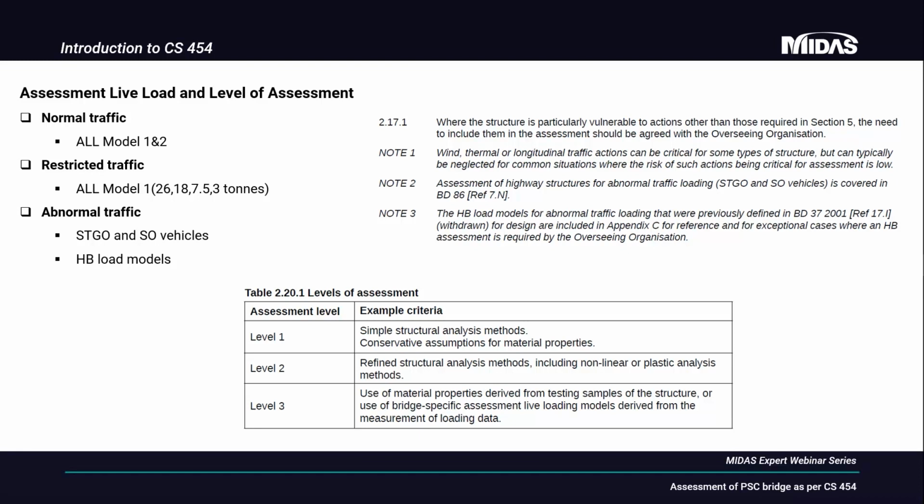However, for restricted traffic, all Model 1 with axle weights of 26, 18, 7.5 and 3 ton is to be considered. And for abnormal traffic, STGO and SO vehicles should be considered, as well as HB load models. All these vehicles which we have discussed are implemented in MIDAS Civil.